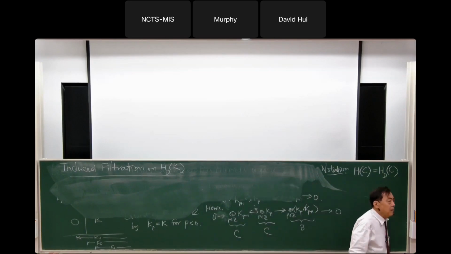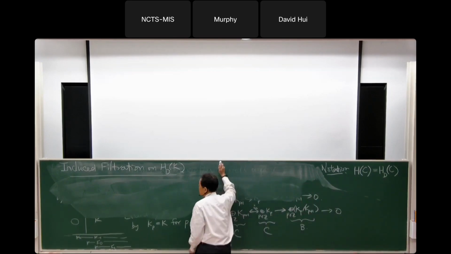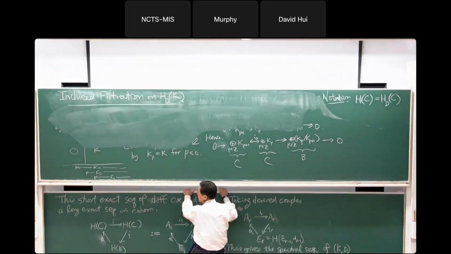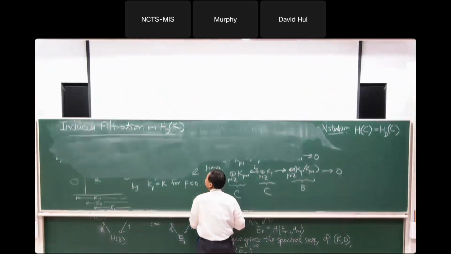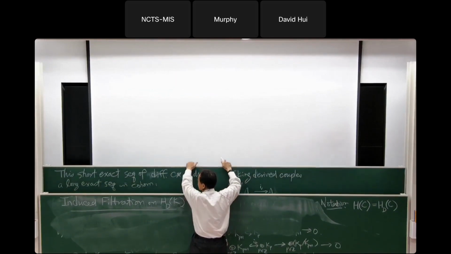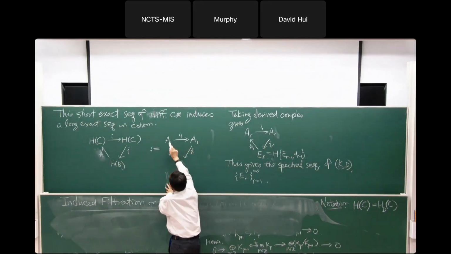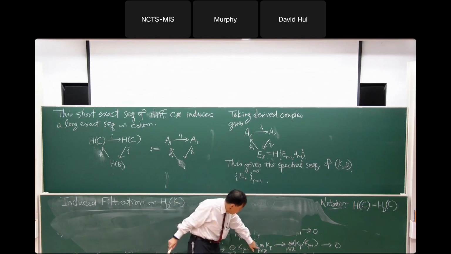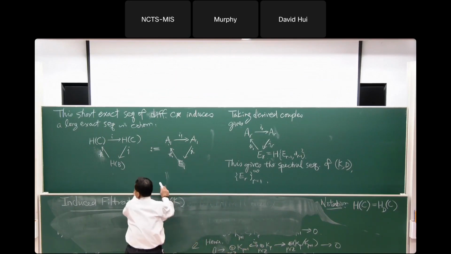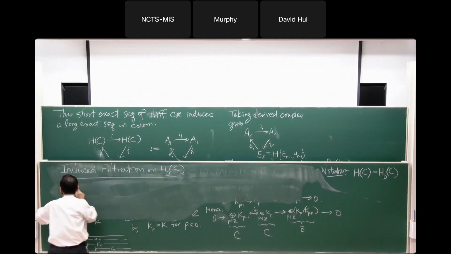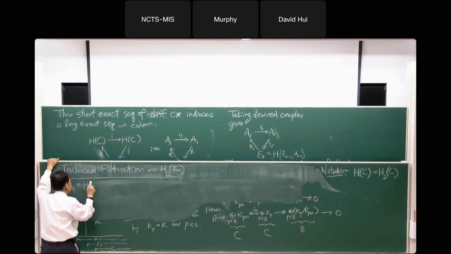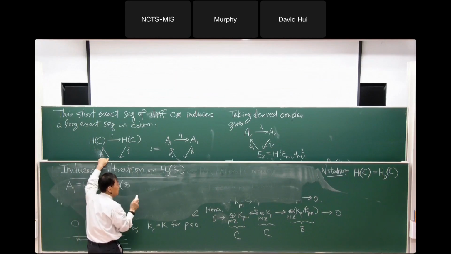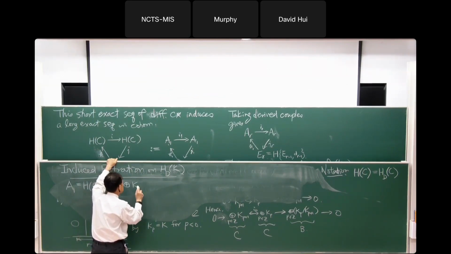Okay, so A1, where's A1? A1 is the cohomology of C, and C is this direct sum of Kp.